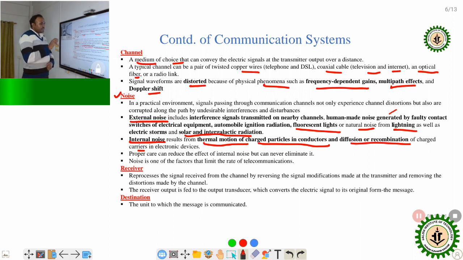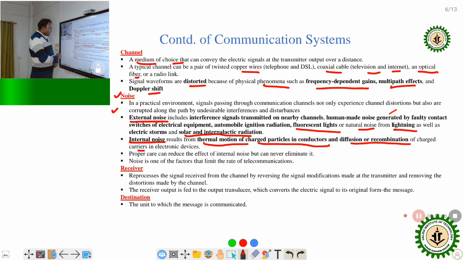These are some sources of internal noise. So these are some points you have to remember: what noise is, where it comes from, and how it affects the communication process.